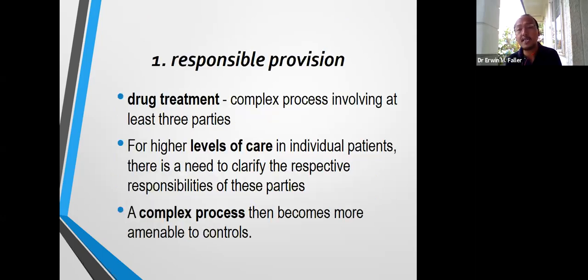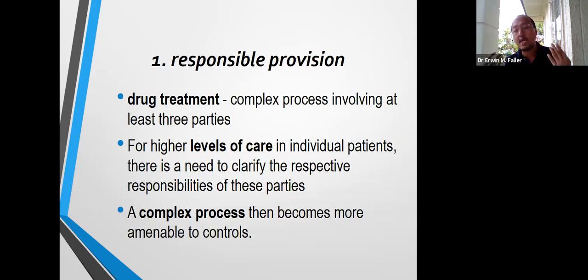Now, there are certain other primary responsibilities of a pharmacist. Number one is the responsible provision of drug treatment. In drug treatment, there are complicated processes that involve different parties, for example the relationship of pharmacists, doctors, and other healthcare providers, especially nurses.